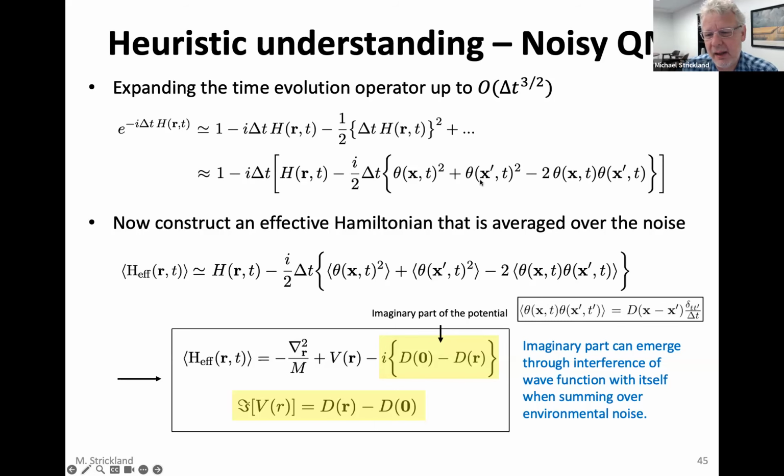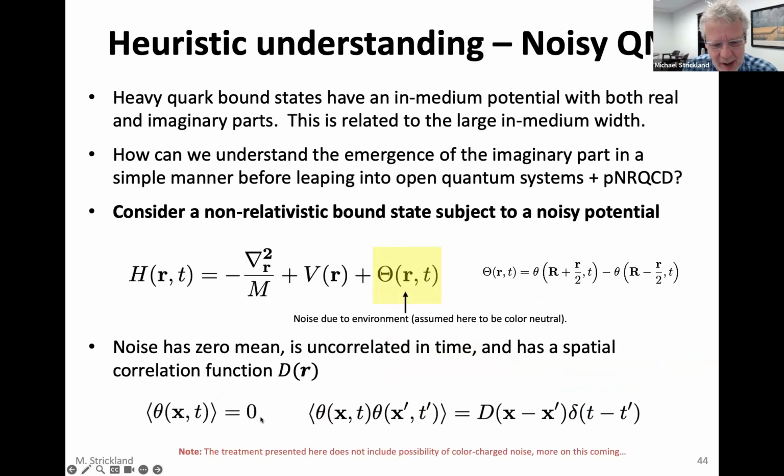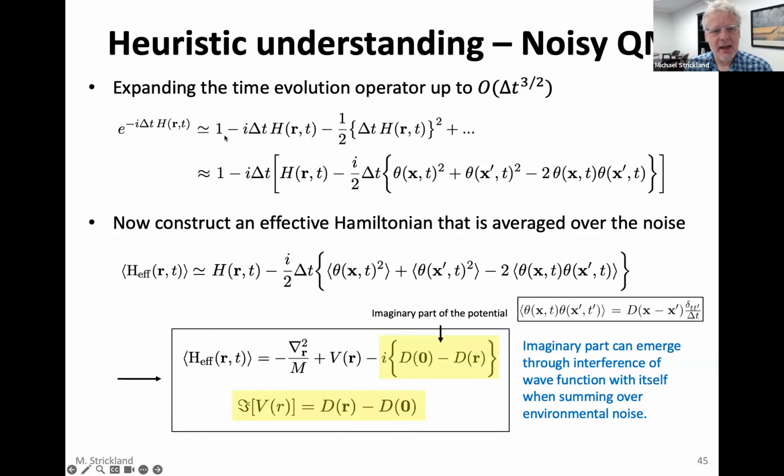Now the linear terms all go away because of this averaging to zero, but at quadratic order, interesting things can happen. And then I can ask, on average, so let's construct an effective Hamiltonian that averages over these noise fields.